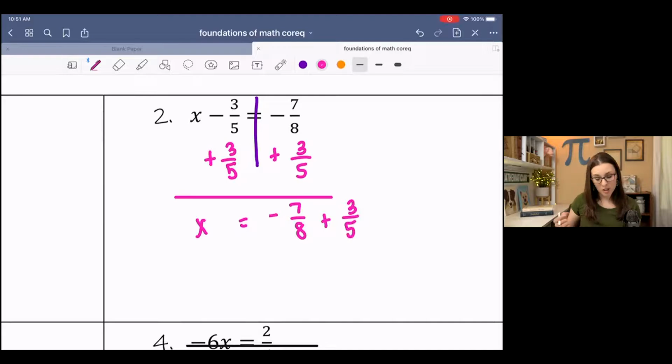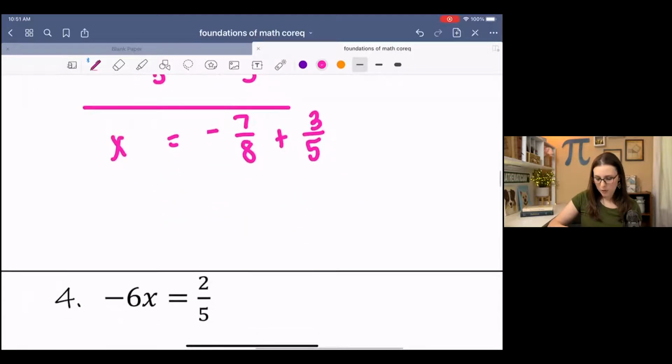We need a common denominator. And this one's going to require a little bit more work for a common denominator. Between 8 and 5, the least common multiple would be 40, which means I'm going to have to multiply this one by 8 and this one by 5.